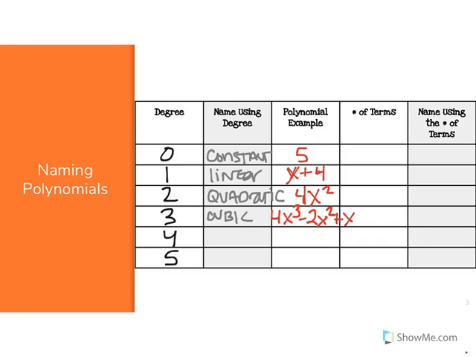And then a degree of 4 is actually called a quartic. And then for our example, it's going to have that highest degree of a 4. So 4 plus 5x squared. And then our last one that we're going to be dealing with is a quintic.